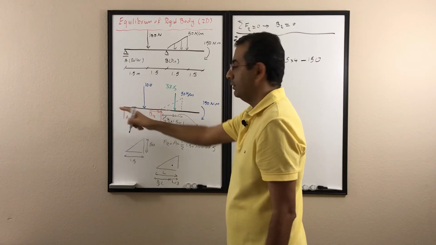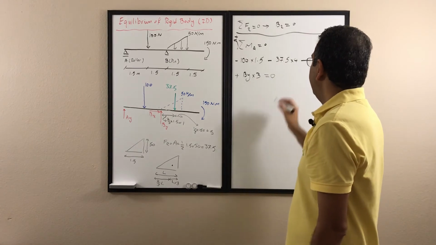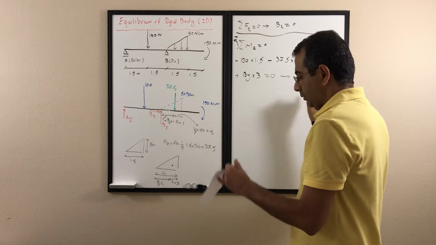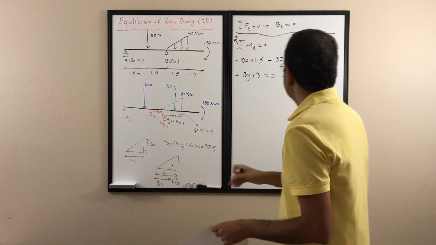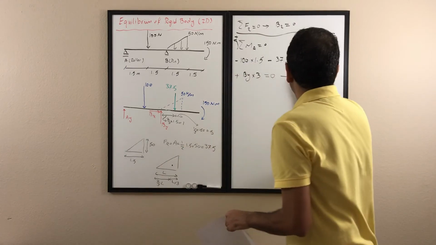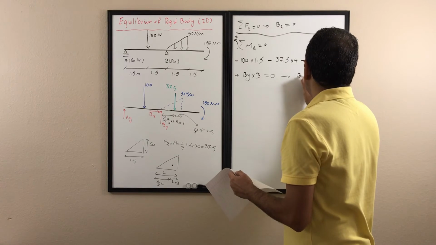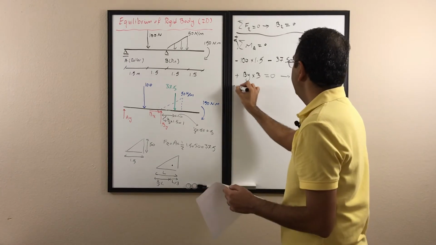The Ay goes through point A, it doesn't have any moment either. So it's equal to 0. If I solve that, I will get the By equal to 150 Newton.